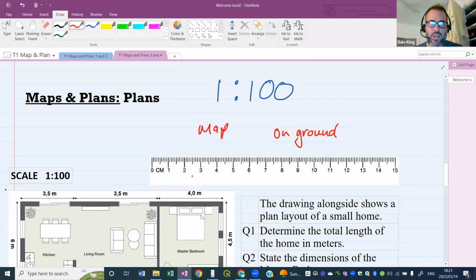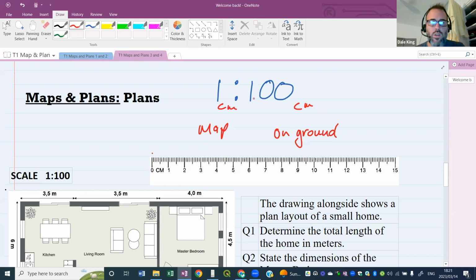And when I measure on the map, I'm going to use centimeters. So you can see my ruler here has got centimeters. So I'm going to use centimeters on my ruler. And if I use centimeters here in the ratio, so for example, 1 centimeter on my ruler that's measured on the map, it must represent the same units on the ground in the real world.